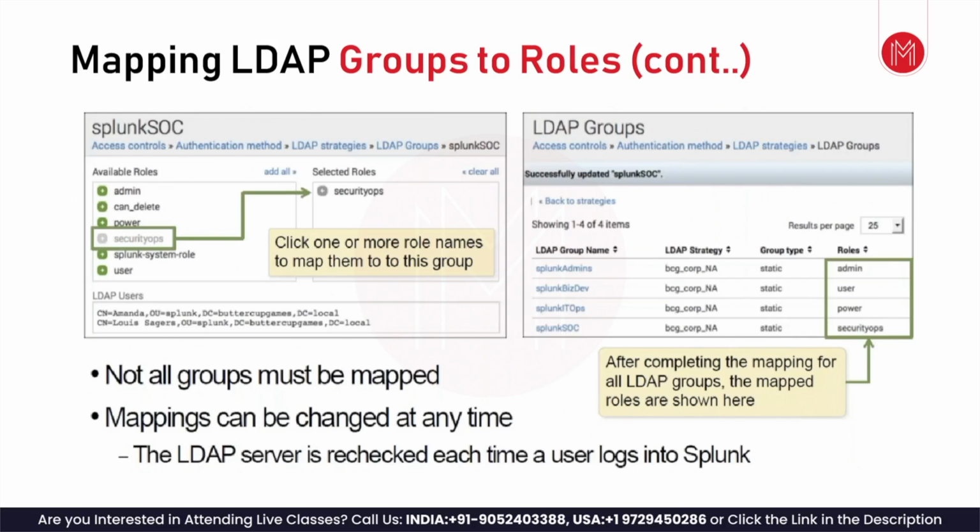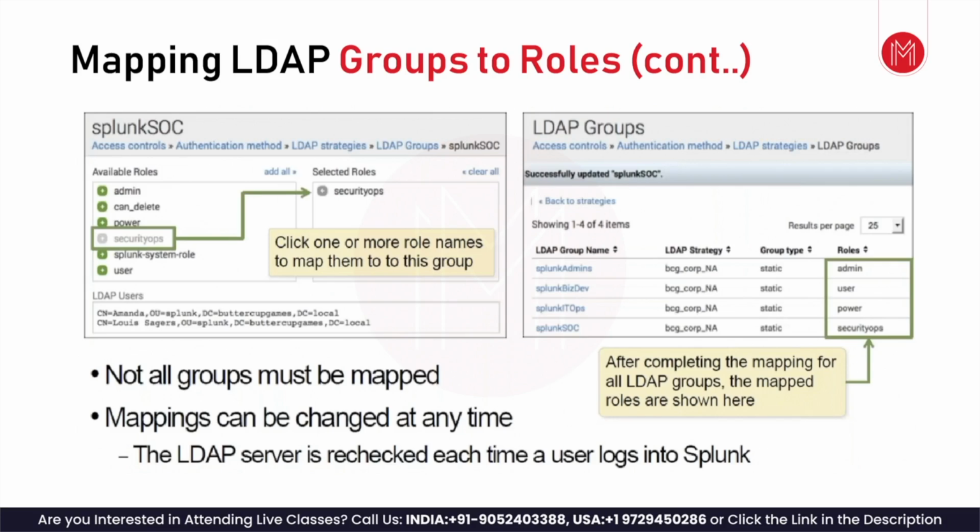So available roles are security ops. They are having many roles, but what they want to map to that specific group is security ops. So they have created some security ops and they have added some privileges and they are mapping to this specific group. And they are just clicking on this role and the role got selected and you can save it.